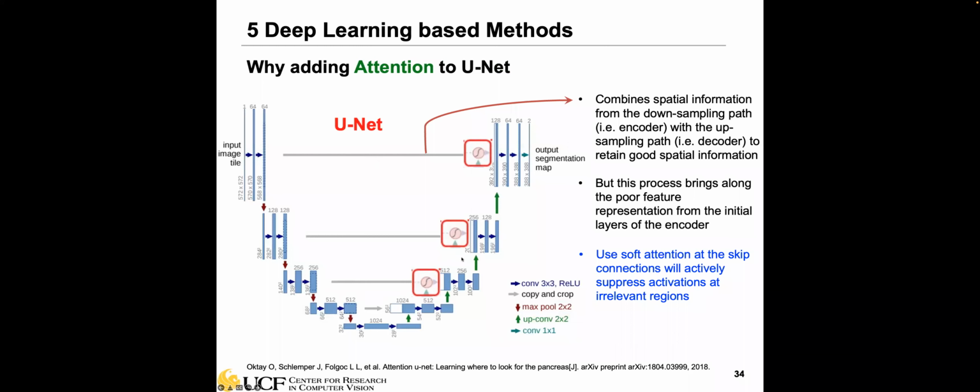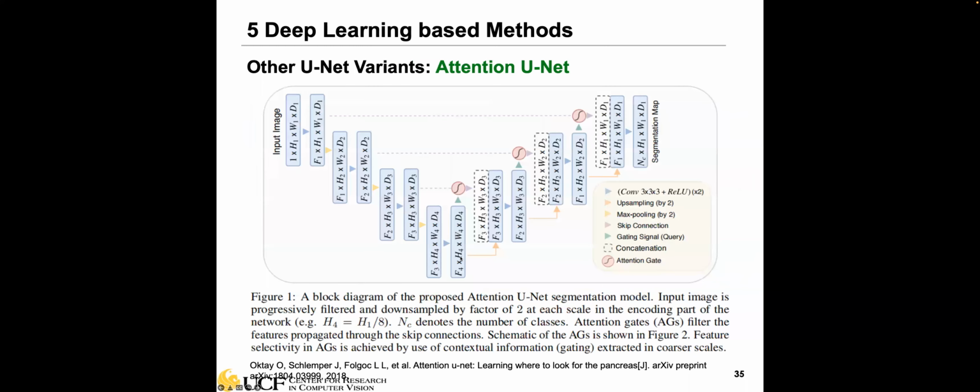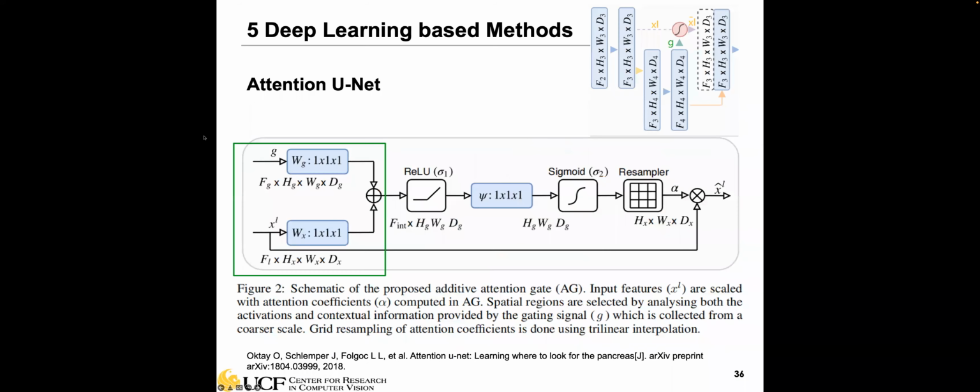So let's look at how this attention has been applied. This is their overall structure. Let's directly jump into this attention gate. This attention gate is applied at the decoder level. So this is one particular attention gate, right?